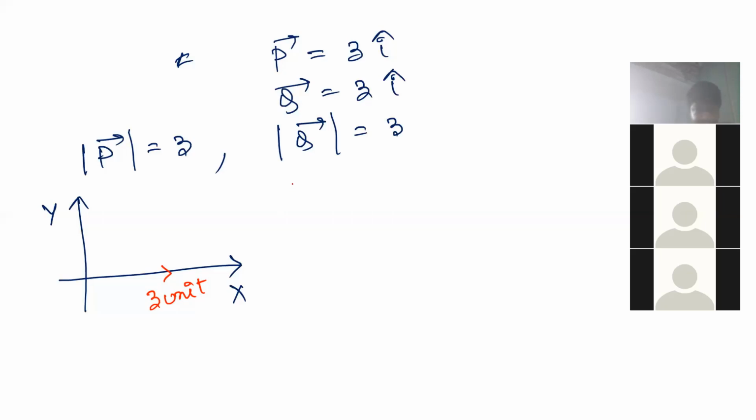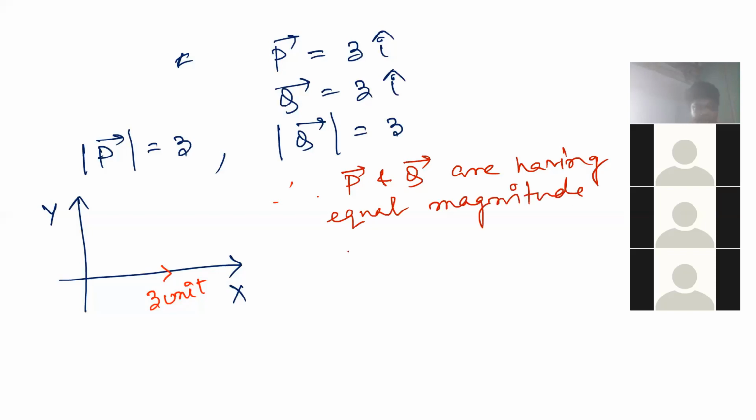So here we have to define why I am saying that these two vectors are known as equal vectors. Here p vector and q vector have equal magnitude and same direction, right?